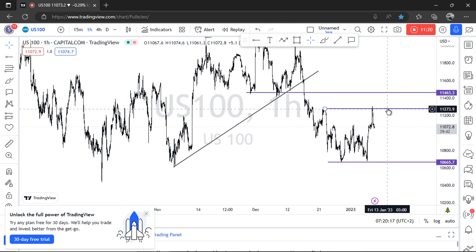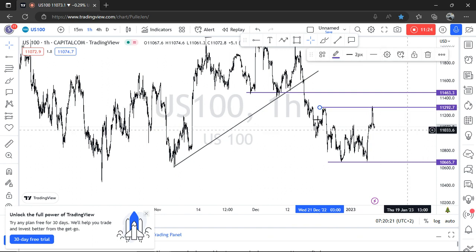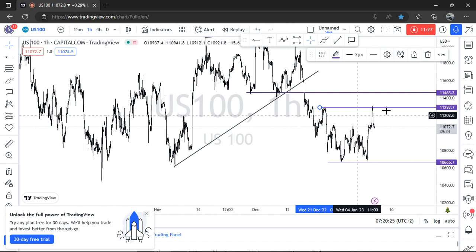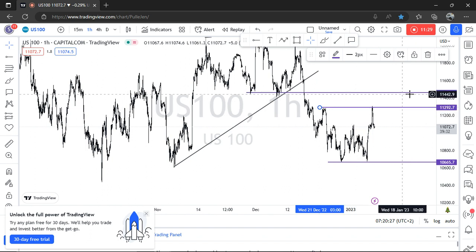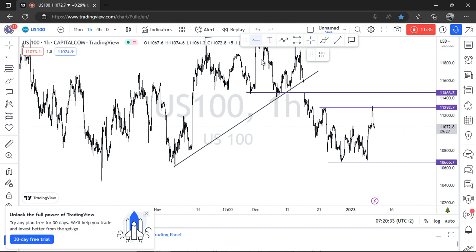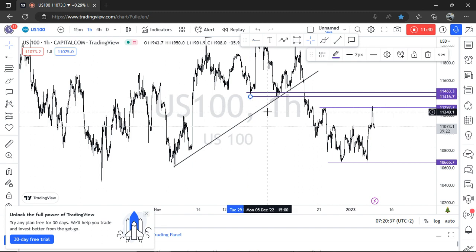I do not control the market, and if it doesn't come around this area, it's not my fault. Remember, this is trading we're talking about, and it seems like we have some sort of strong resistance here. But if price manages to reach this point, I'll be looking forward to selling too.